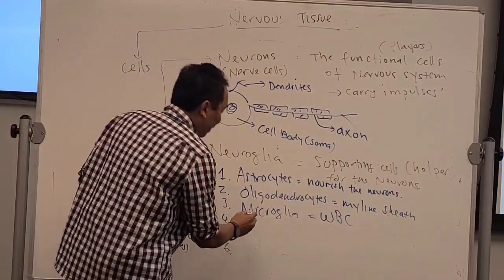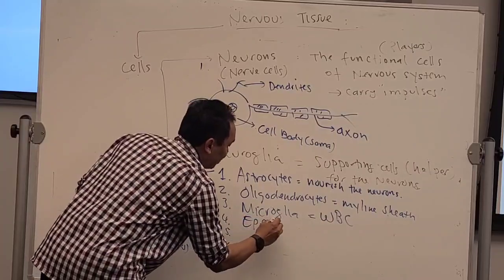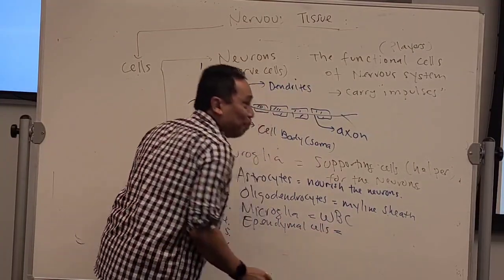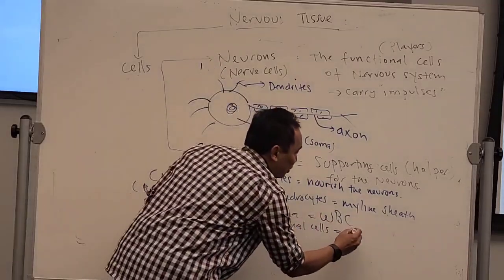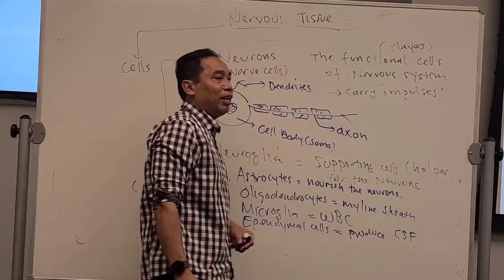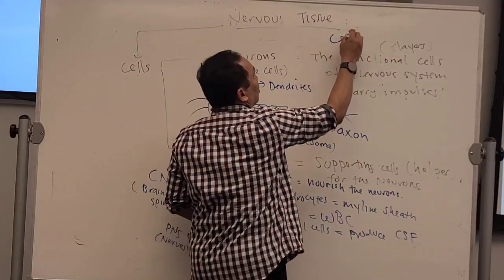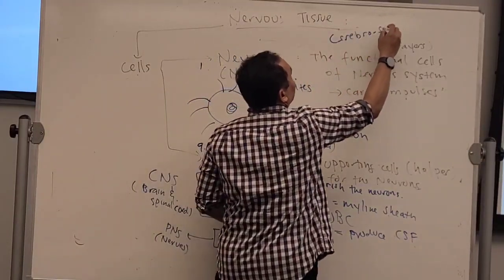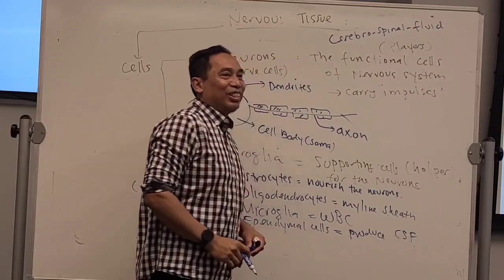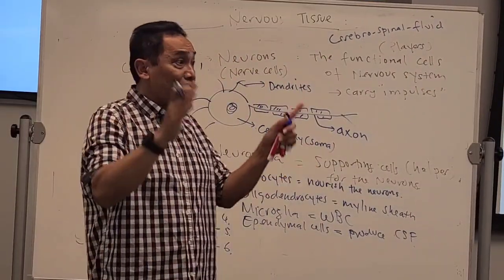The next one is called the ependymal cell. This cell produces CSF. What is CSF? Cerebrospinal fluid. So your brain is also protected by fluid.